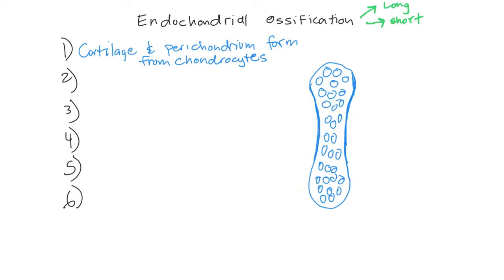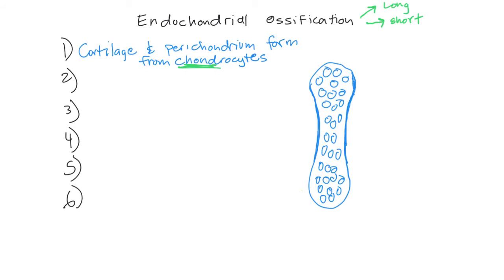Endochondral means within cartilage. Anytime you see the prefix chondro, that's referring to cartilage. The cartilage cells follow the same nomenclature as the bone cells. A chondrocyte is a mature cartilage cell.